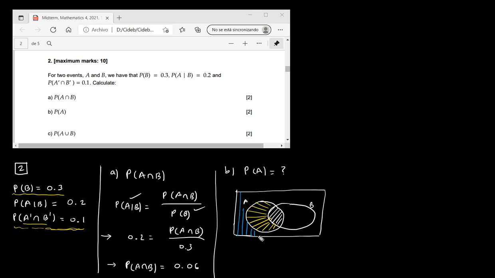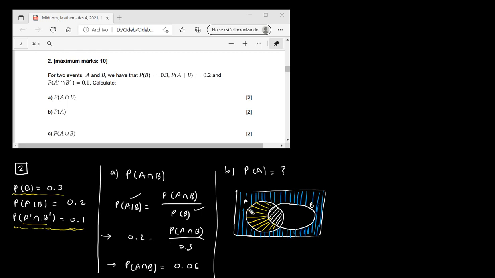I'm just gonna paint it. It's all of this. It's everything that happens outside A and outside B. It's all of that blue area. This event, guys, A prime intersection B prime, is the blue area.